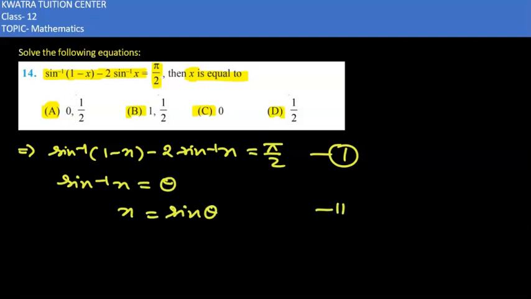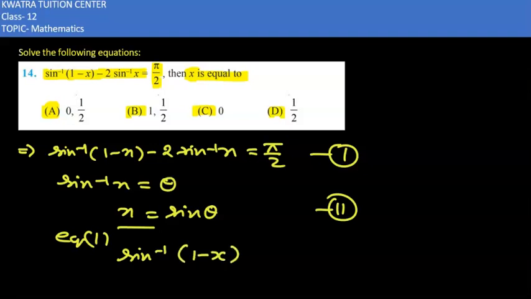Let's take this as equation 2. Now equation 1 becomes sine inverse (1 minus x) minus 2 theta is equal to pi by 2.